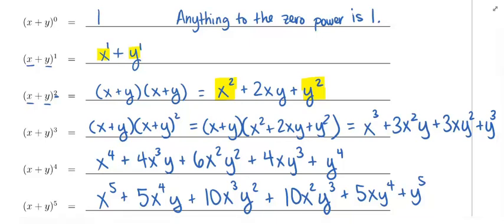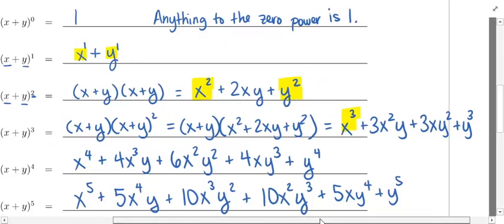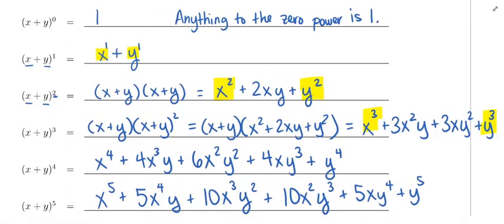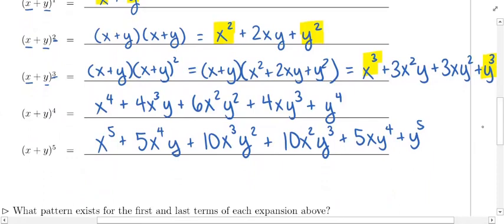Next expansion, x plus y quantity cubed. The first term is x cubed. The last term in the expansion is y cubed. Again, if you go back to your binomial, it's the first term cubed and the last term cubed. And this keeps going. If I go to x plus y quantity raised to the 4th power, the first term is going to be x to the 4th.